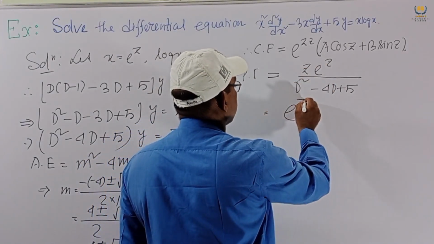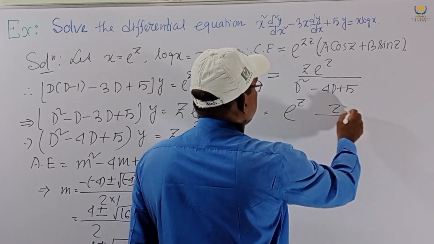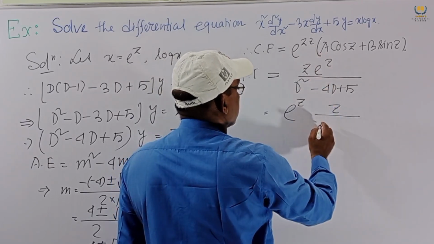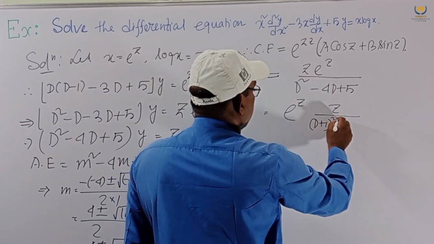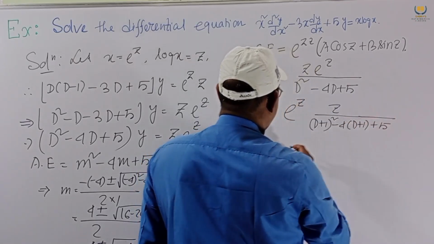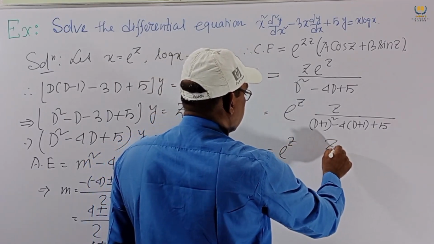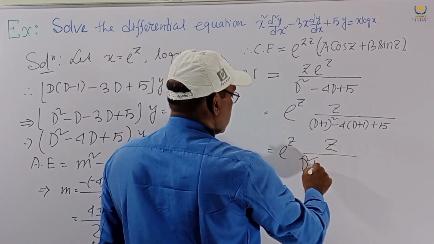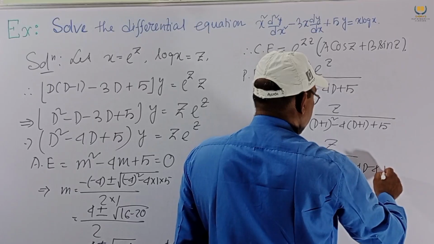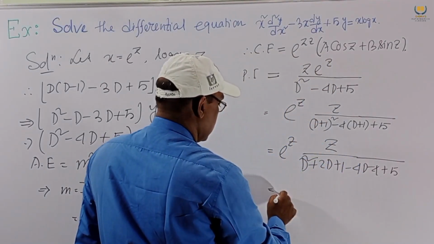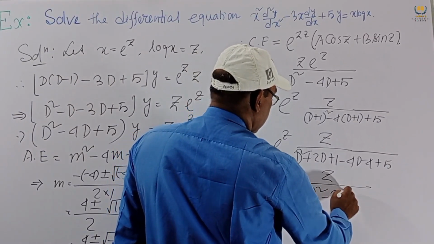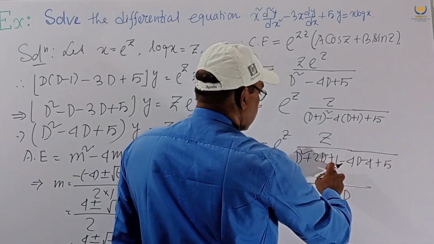Taking the exponential outside, the coefficient of z in the exponential is 1, so putting D equal to D plus 1: (D plus 1) squared minus 4(D plus 1) plus 5, e to the power z, where (a plus b) squared is a squared plus twice ab plus b squared. We get 4D minus 4 plus 5, and this is e to the power z by D squared minus twice D, and this 7, 6.